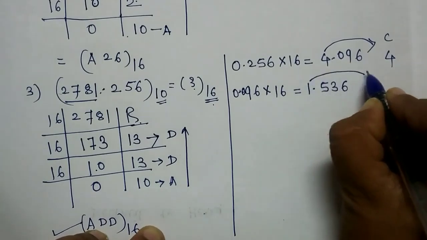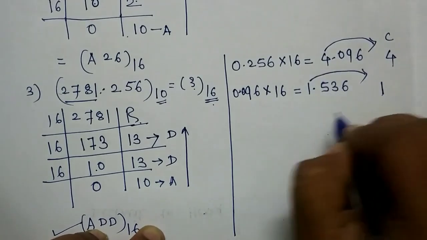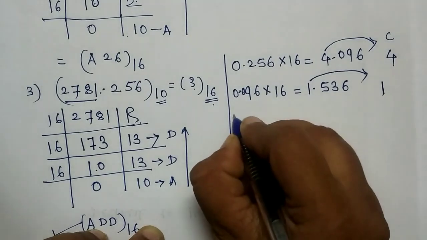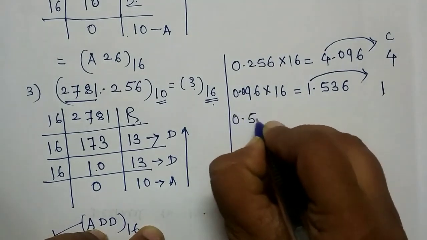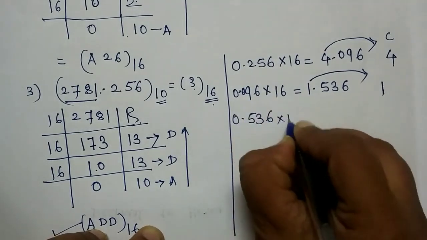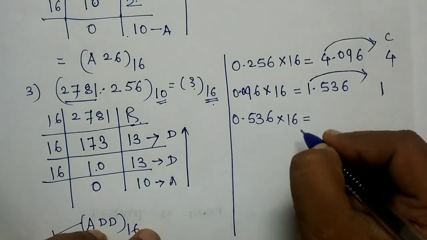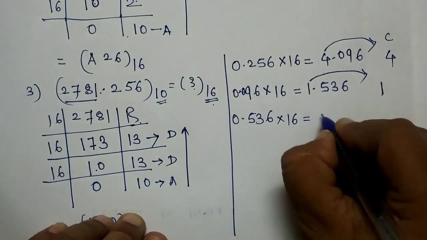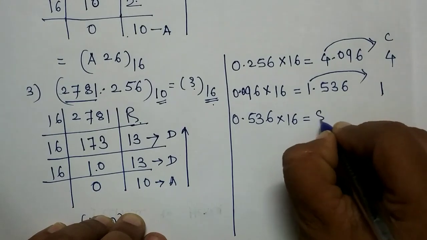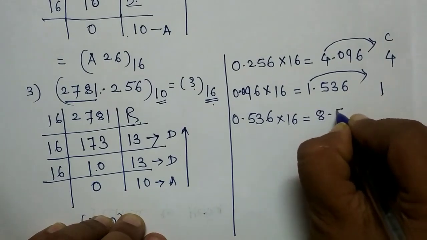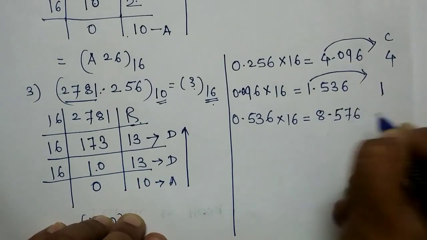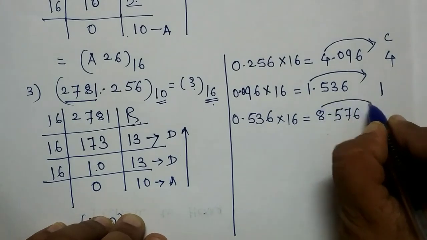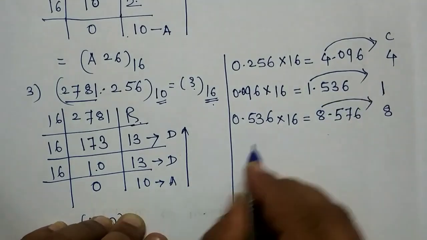So this integer part is considered as a carry, so we'll transfer it here. The fractional part is 0.536 into 16. If we do the multiplication, it will come to 8.576. Transfer this integer part as a carry, 8.